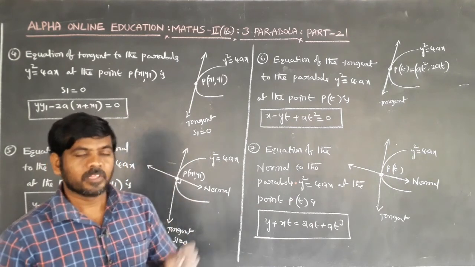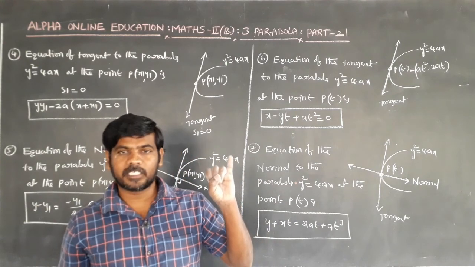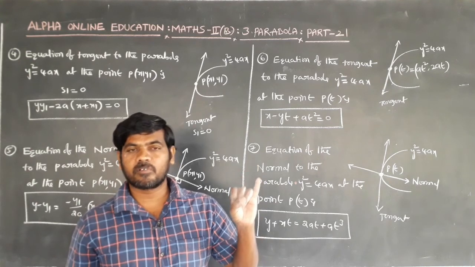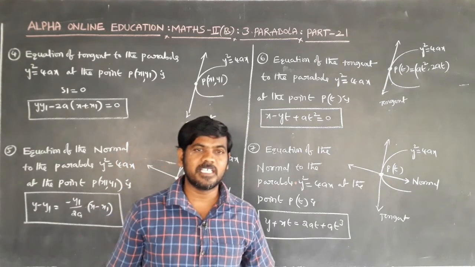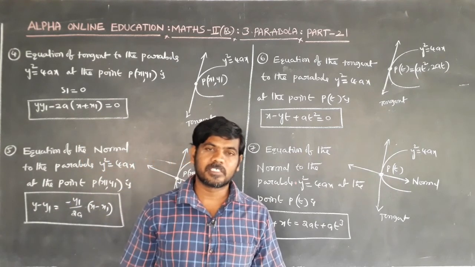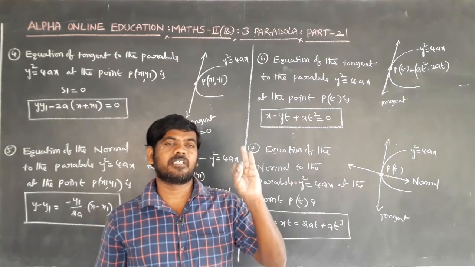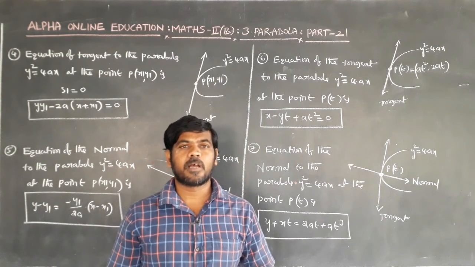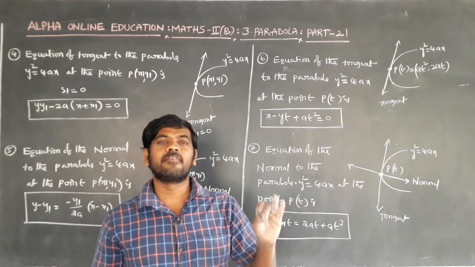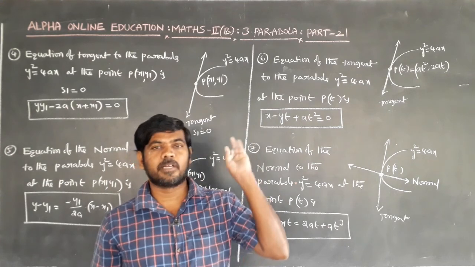First one is the condition for the line y equal to mx plus c to be a tangent to the parabola y square is equal to 4ax: c m is equal to a, or c is equal to a by m. Second one is the equation of the tangent to the parabola y square is equal to 4ax having slope m: y is equal to mx plus a by m.